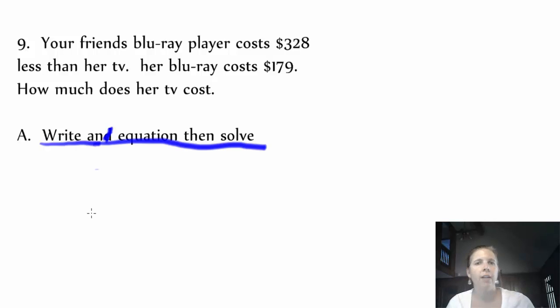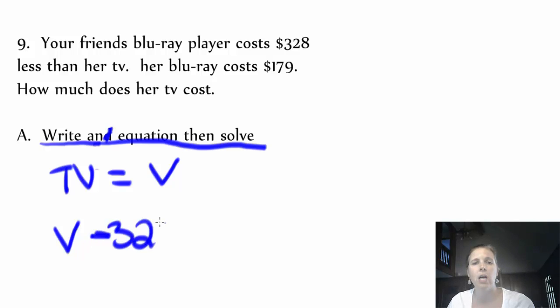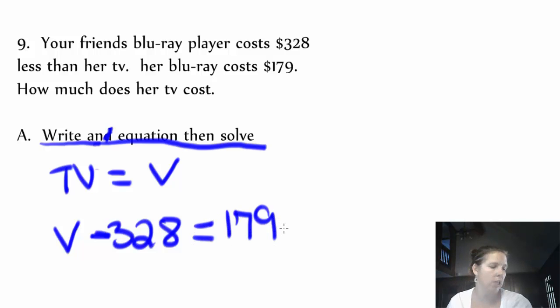Your friend's Blu-ray player costs $328 less than her TV, and the TV is what we're trying to find out. So for the TV, we'll just use V. We want to know how much the TV is, and we're going to subtract $328, and that is going to give us our $179 answer. So this is your equation.